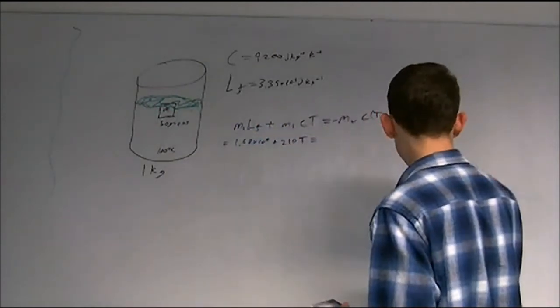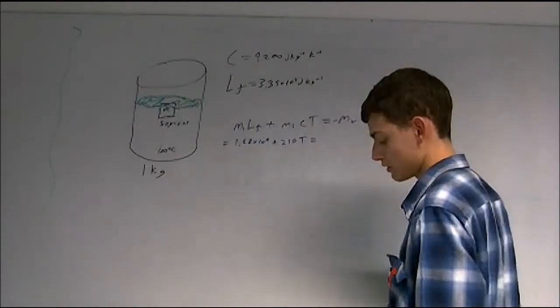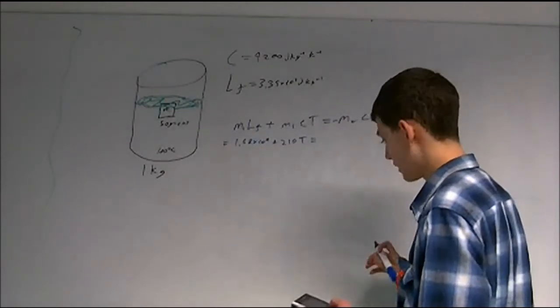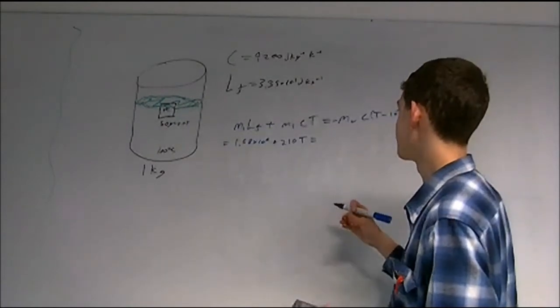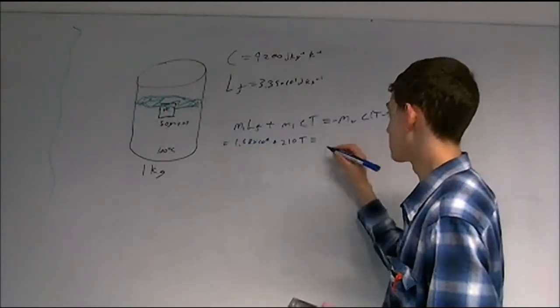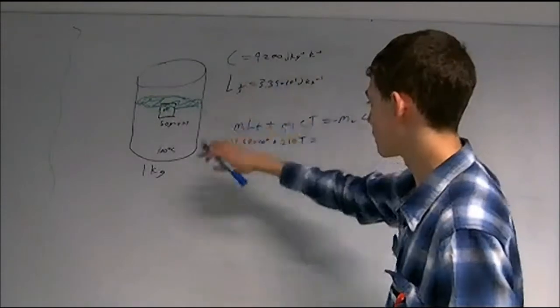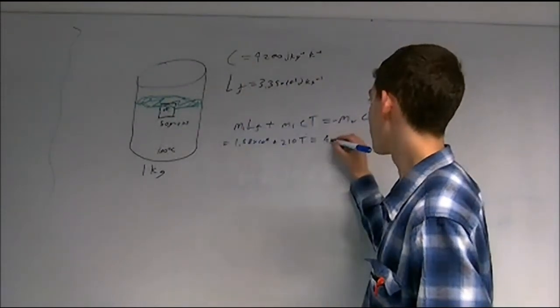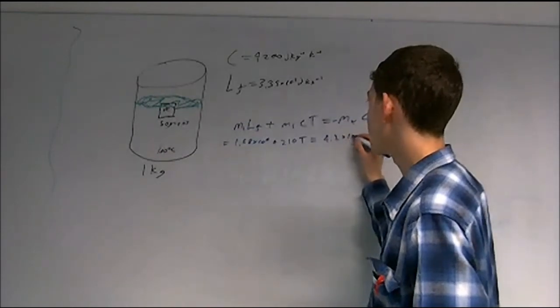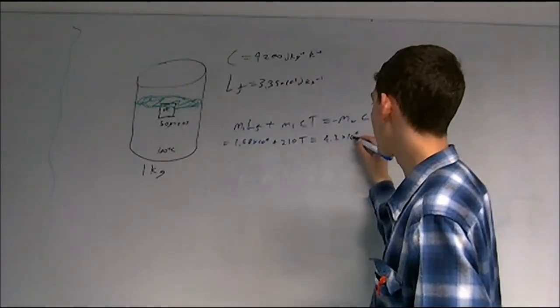That equals, the magnet keeps coming out of this. Very irritating. That's equal to 100 times this, so that's 4.2 times 10 to the 4.